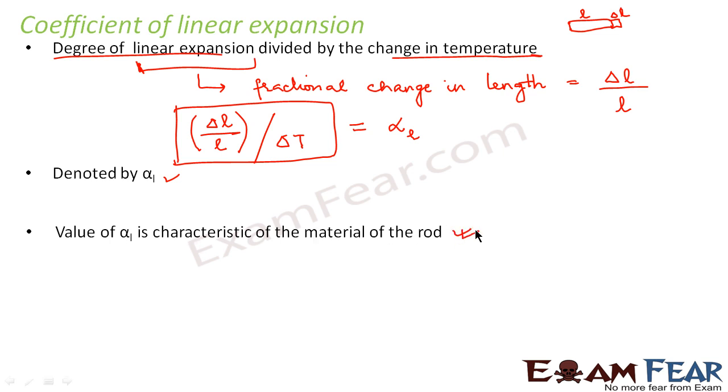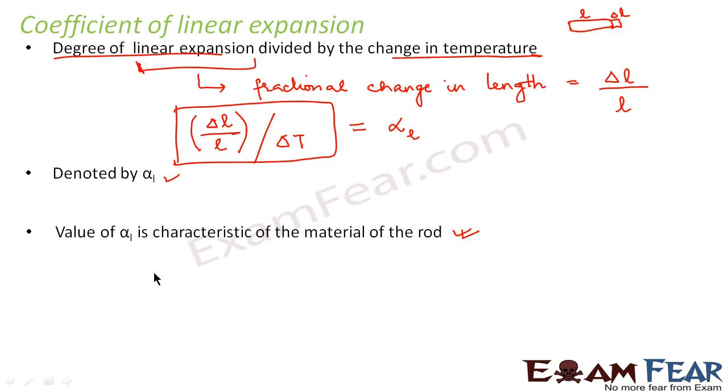That means the value of coefficient of linear expansion depends upon the material of the rod. For example, if you have a steel rod, maybe the coefficient of linear expansion is different than what you have for an aluminum rod. So it varies from material to material how much linear expansion will take place with respect to temperature.